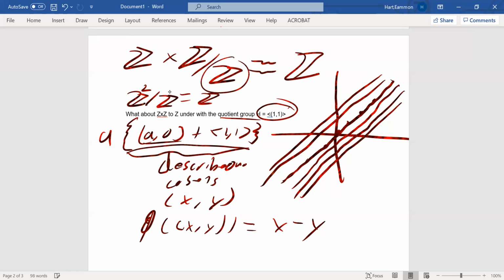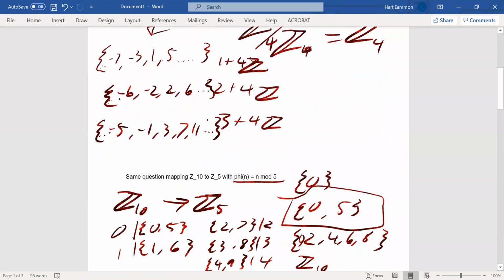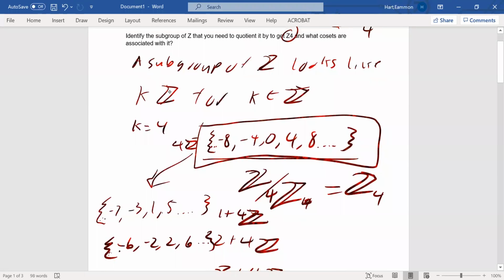So in this case, we're basically modding out by z. In this case, we are modding out by 0 and 5. In this case, we're modding out by the multiples of 4. And in each of these cases, what we're modding out by is a group. So all of the elements of that group get sent to 0.